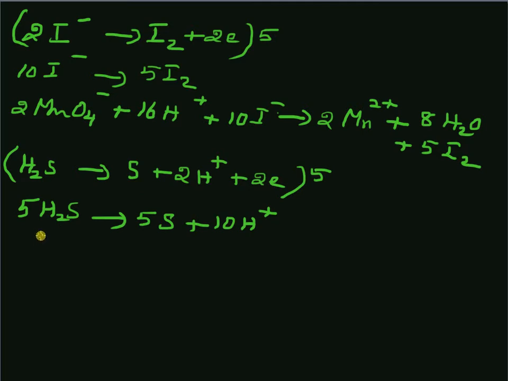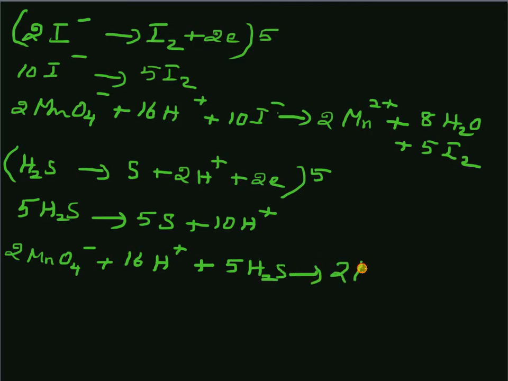Combine the two equations, you will have 2 MnO4- plus 16H+ plus 5H2S, giving 2 Mn2+ plus 8H2O plus 5 sulfur plus 10 H+.